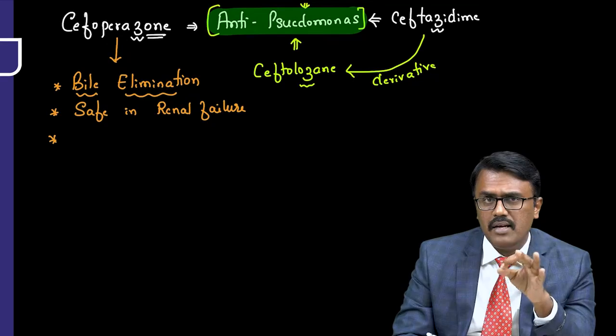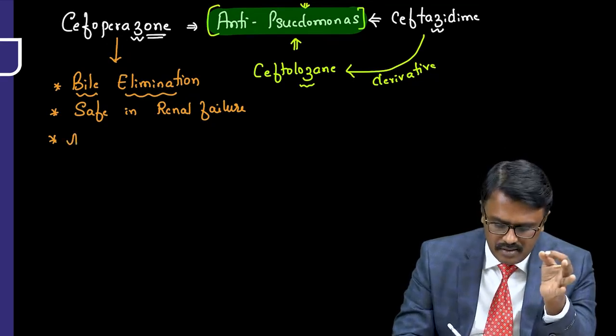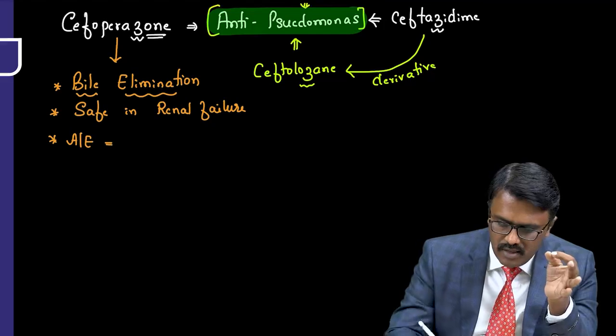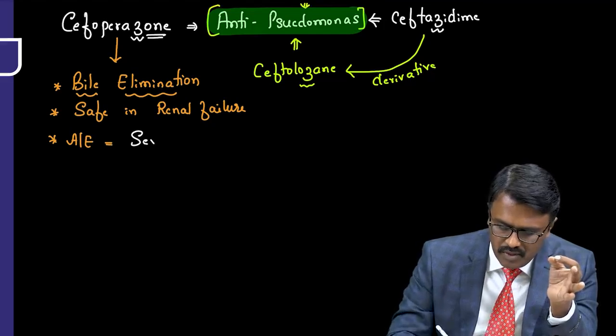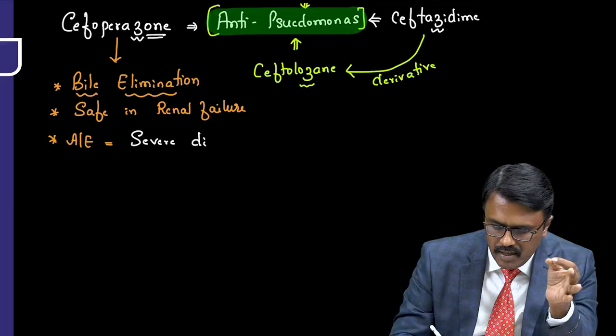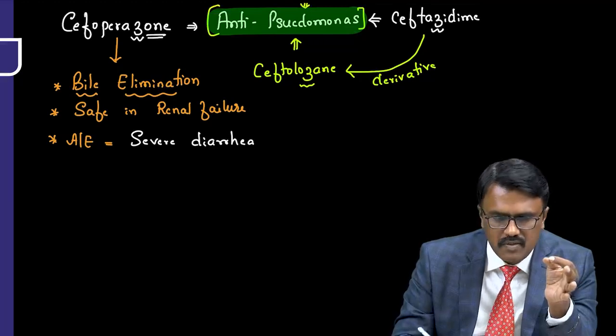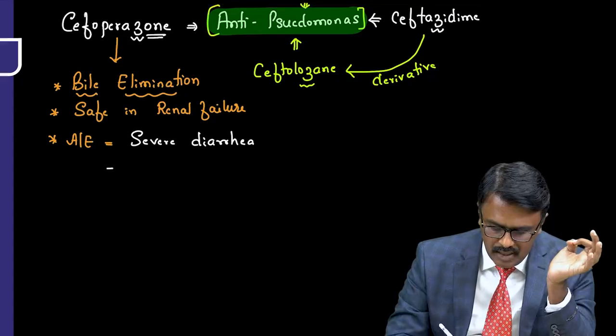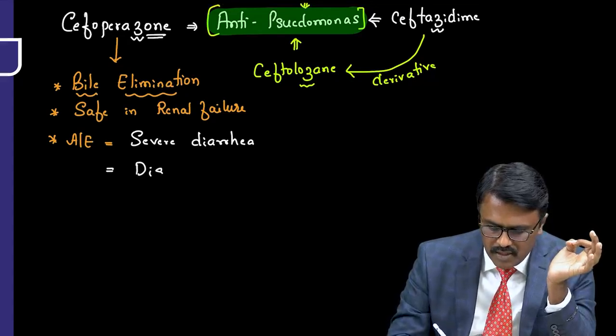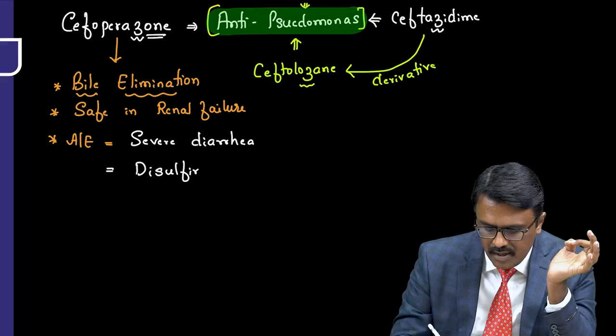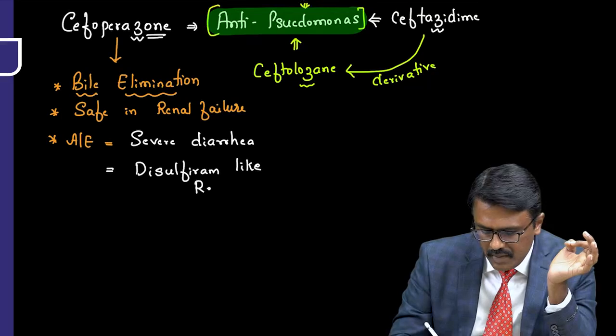Since it comes in the bile, it can cause severe diarrhea. It's a superinfection, severe diarrhea by killing the normal flora. Second problem is it can produce a disulfiram-like reaction.